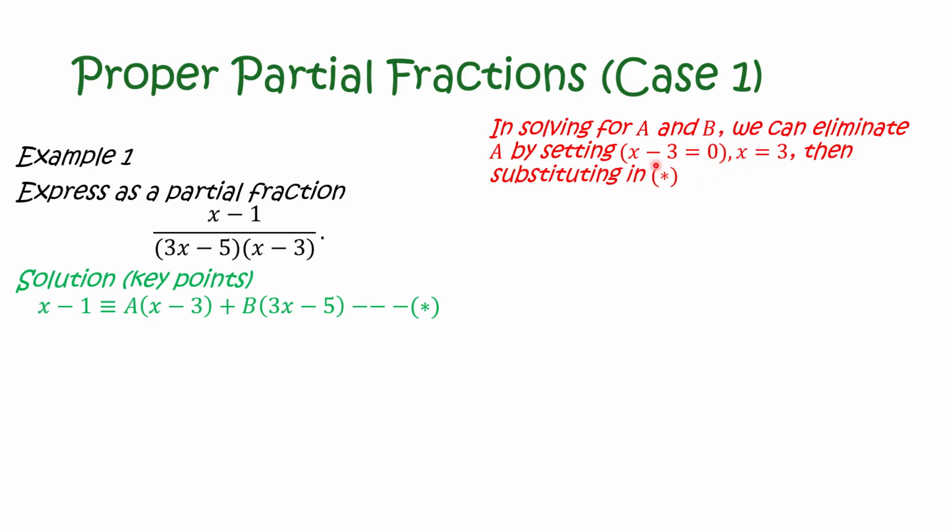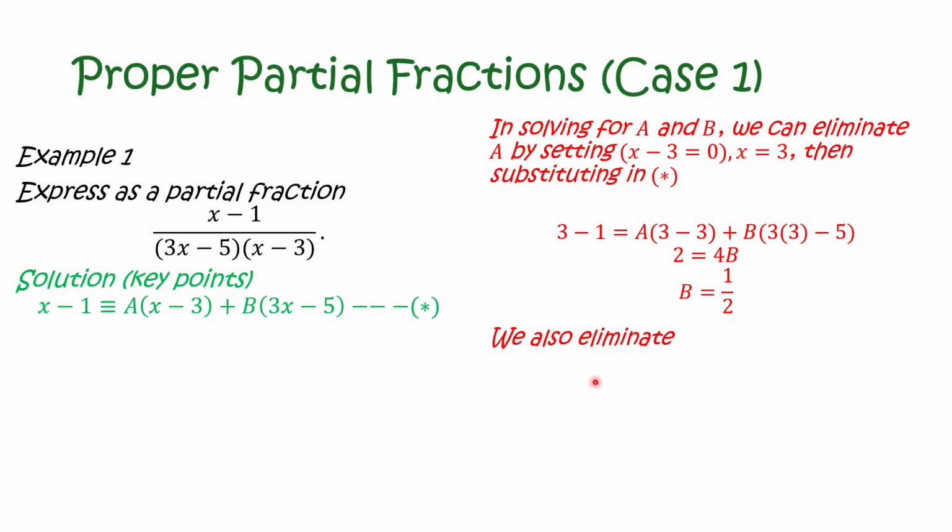So we substitute x equals 3 in equation star, so that we have 3 minus 1 is equal to A times 3 minus 3 plus B times 3 times 3 minus 5. We can see that this eliminates A because it goes to 0, so that we have 2 is equal to 4B, so that our B becomes 1 over 2.